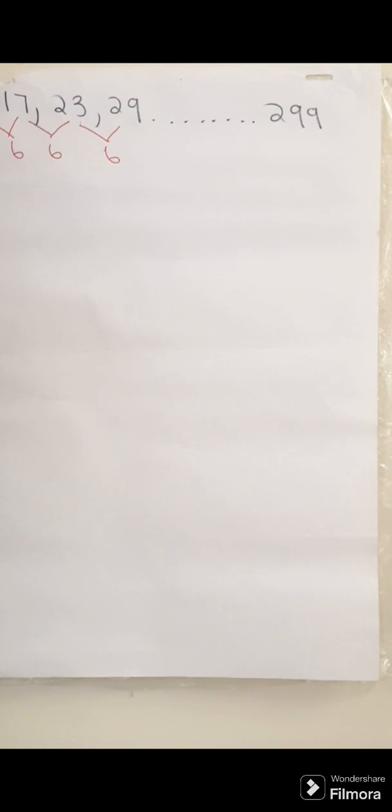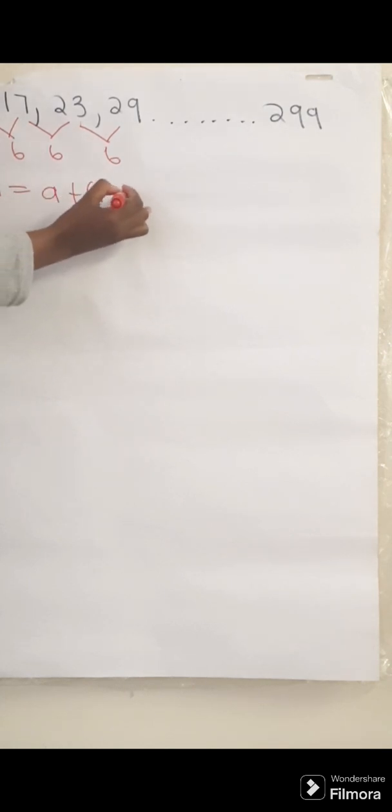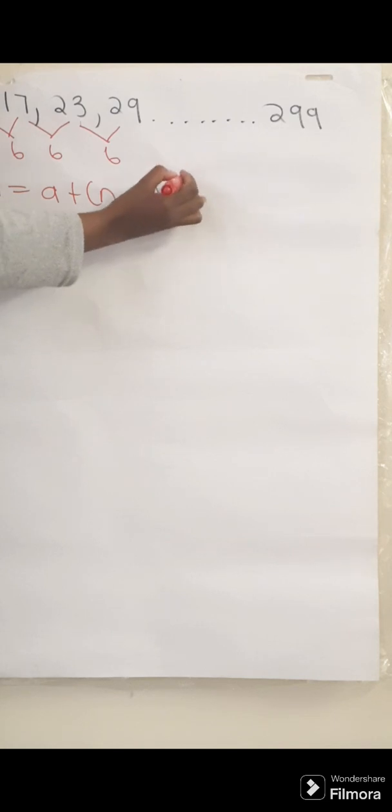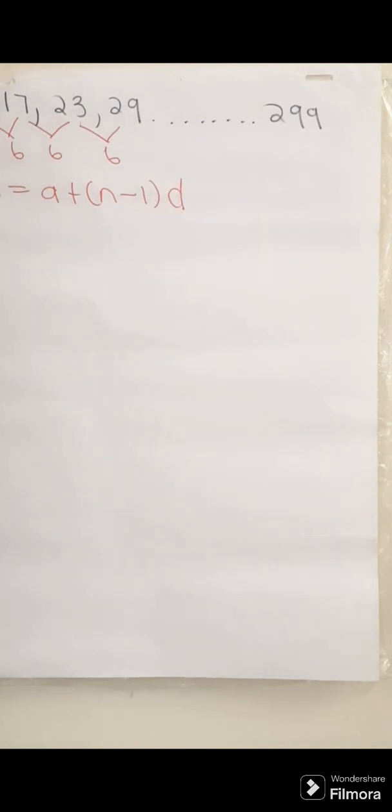So in 1.1.1, we are told to determine the nth term. The nth term is Tn equals a plus (n minus 1) d. This is the formula for the nth term.